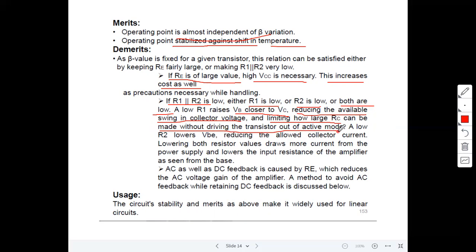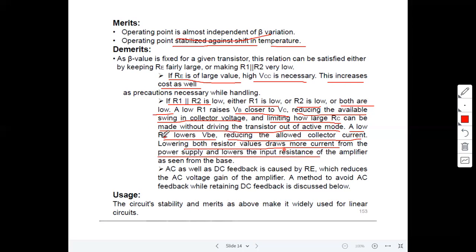That is the problem. And the second problem, all these things can be analyzed if you consider the amplifier only. A low R2 lowers the VBE, reducing the allowed collector current. Lowering both resistor values draws more current from the power supply and lowers the input resistance of the amplifier.